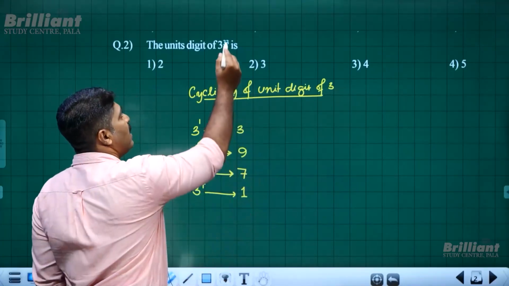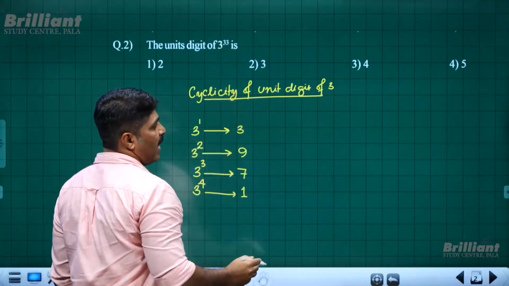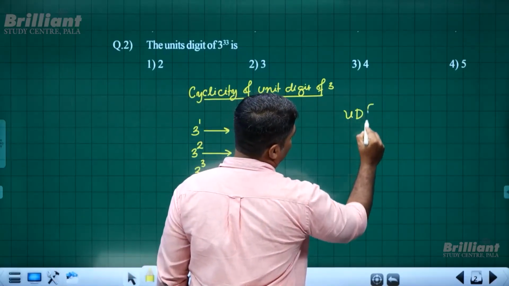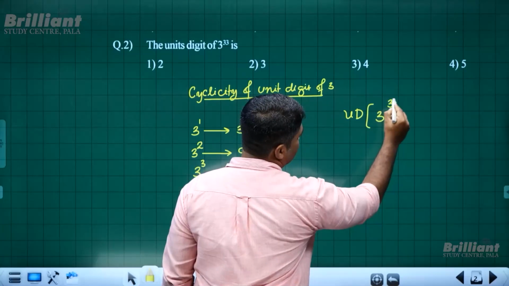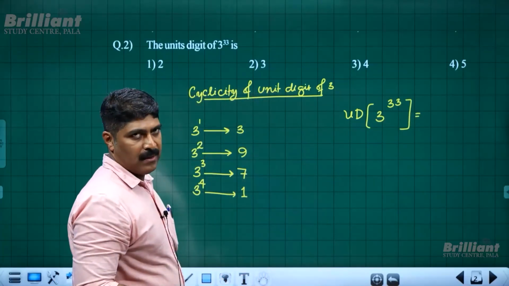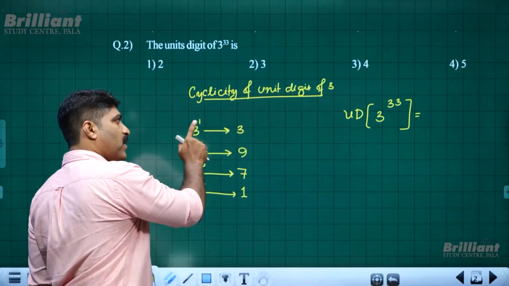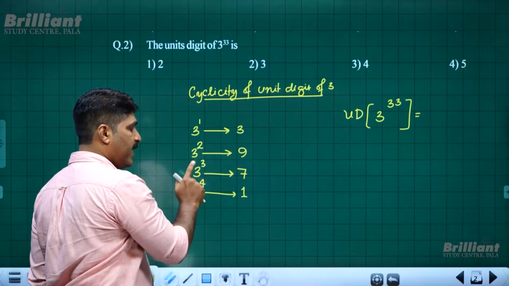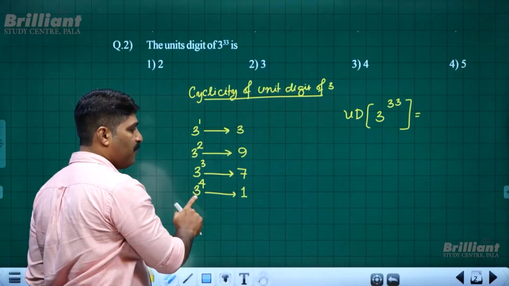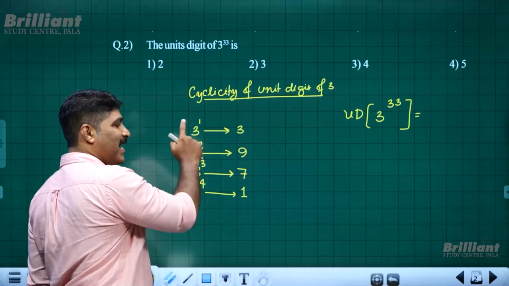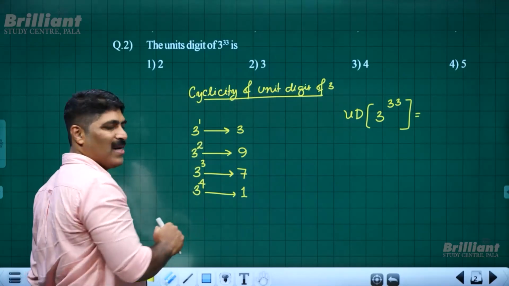So consider our exponent. We have to find out the unit digit of 3 raised to 33. While we are counting, whenever the exponent is 1, the unit digit is 3; 2, unit digit is 9; 3, unit digit is 7; 4, 1; again 5, 6, 7, 8, 9, 10, 11, 12, and so on.